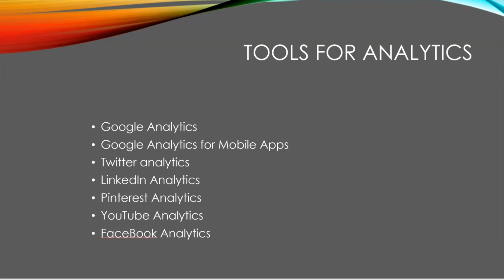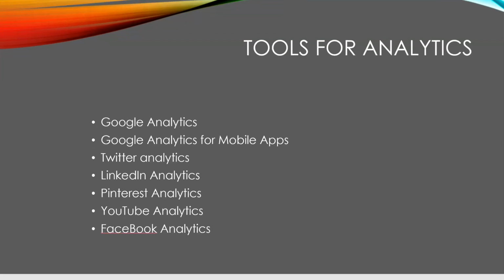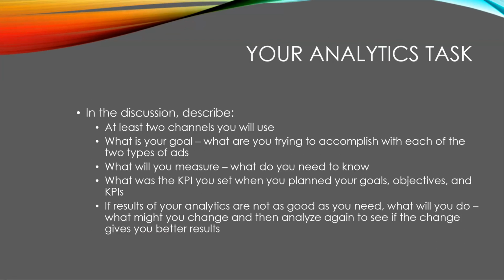All right, so what you're going to do for your final course project that you put together for the end of the course, as well as this discussion, you're going to discuss analytics and plan your analytics. So in the discussion that I am posting, and this will prepare you for your final course project, for this part of your final course project, you will describe at least 2 channels that you're going to use.